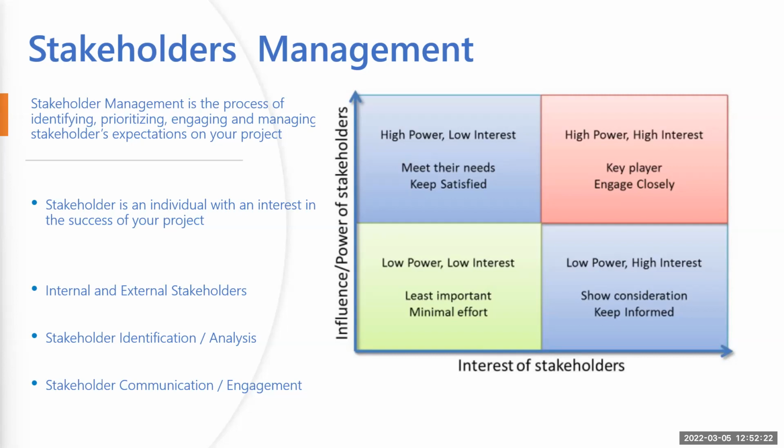So stakeholders are people that have one form of stake or the other in the success of your project. And management is the process of identifying who those stakeholders are, being able to prioritize them, engage them, and manage their expectations to make sure that their expectations are being met. And this is not just a skill for project management, right? It's a skill that everybody needs.